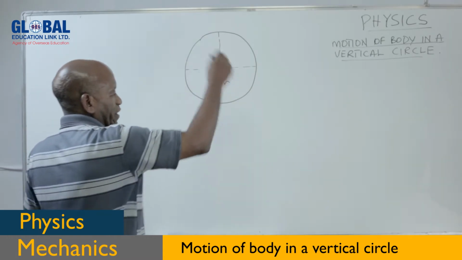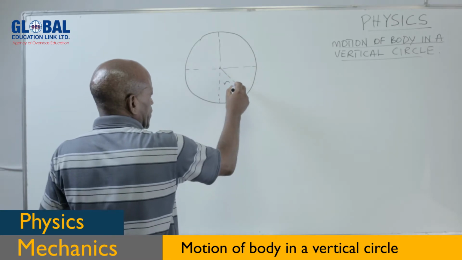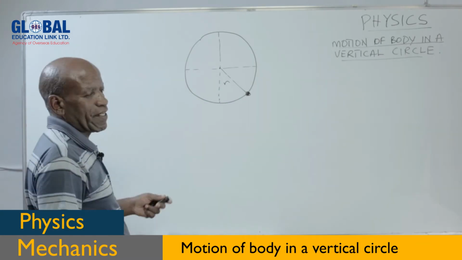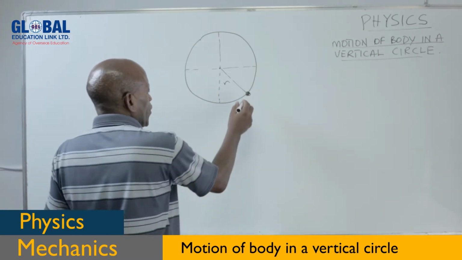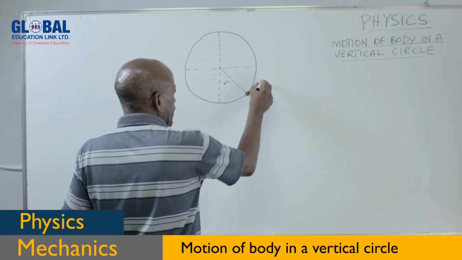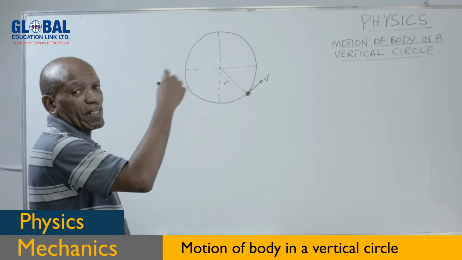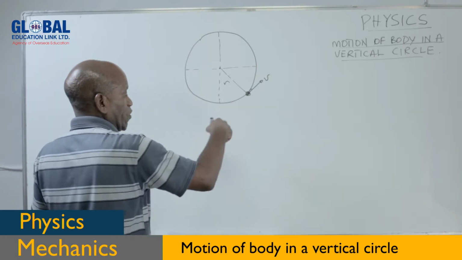At any instant, this particular body could be somewhere there. If it's moving, let's say, with a velocity v, there are forces acting on this body which is moving in a vertical circle.